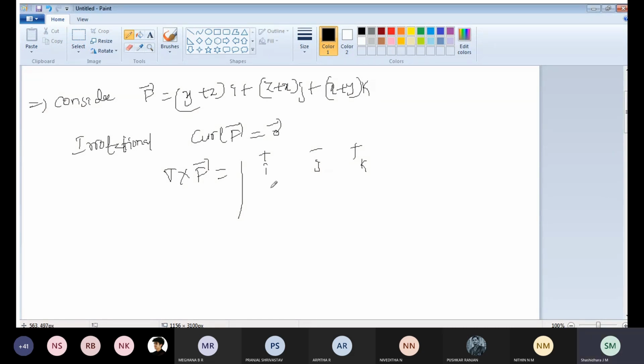It should be solved in determinant form. First you write i, j, k, then in the next row del, the operators dou by dou x, dou by dou y, dou by dou z, and then the components of vector f: y plus z, z plus x, x plus y.